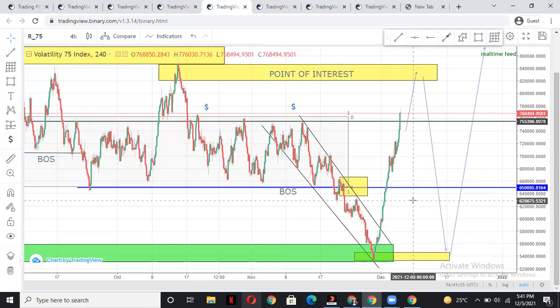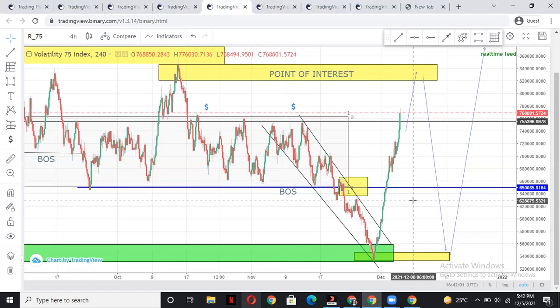So I'm waiting for price to close above the weekly trend line and give a kind of retest on it. Then we know price is all out to go and create a high, which will break all other highs on VIX 75.